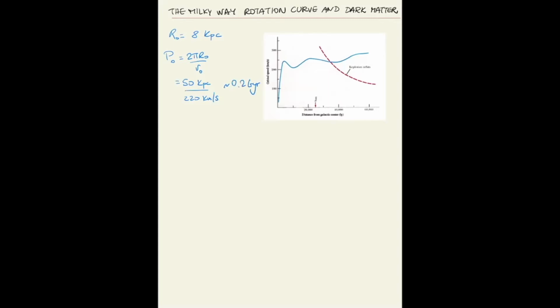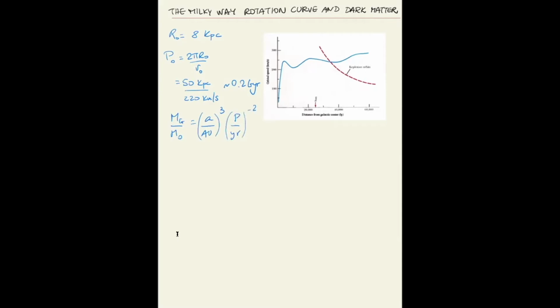To find out how much mass is inside the Sun's orbit, we may use Kepler's third law. If the mass inside 8 kiloparsecs, the mass inside of the Sun's orbit, is written in terms of the solar mass, then we have the semi-major axis in AU to the cube, and the period in years to the minus 2.